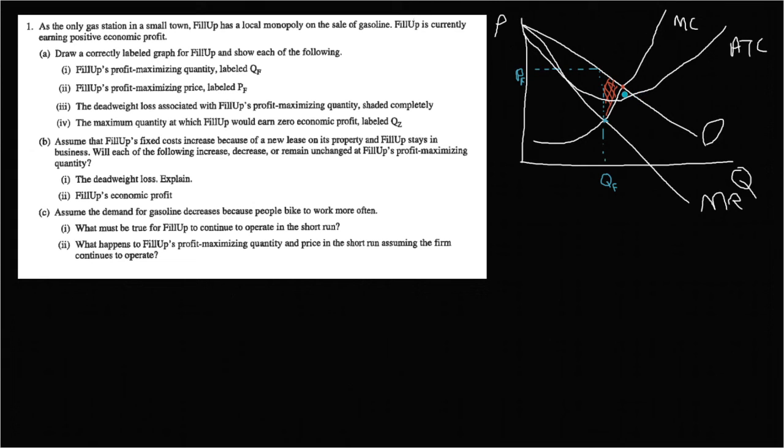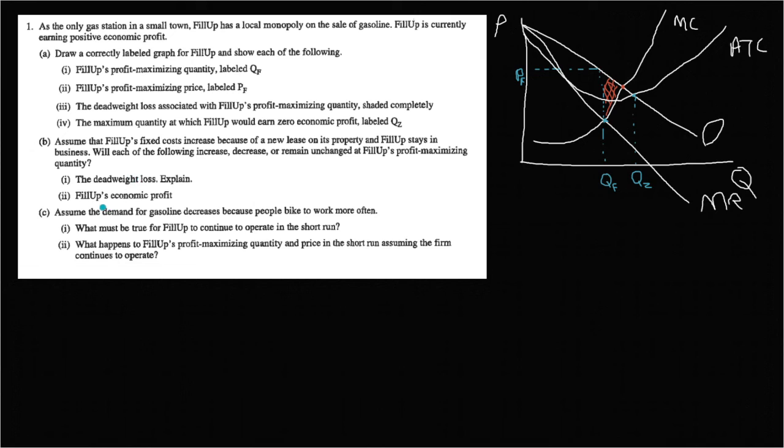Because if you put the price here, then they would be making zero economic profit. So when you regulate a natural monopoly, this is where the government will want to regulate, where the average total cost intersects the demand curve. And so this is part A.